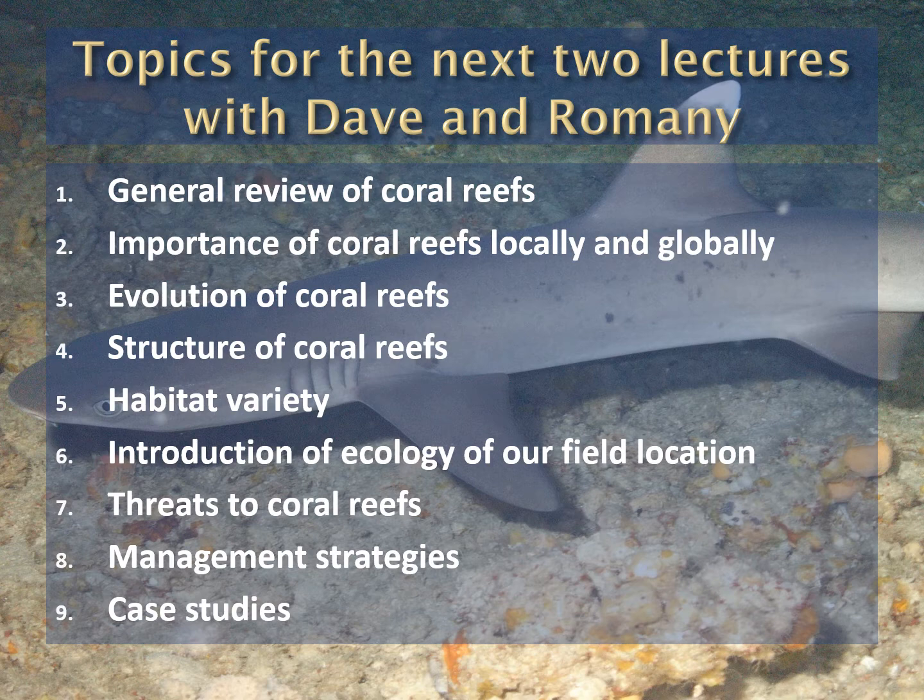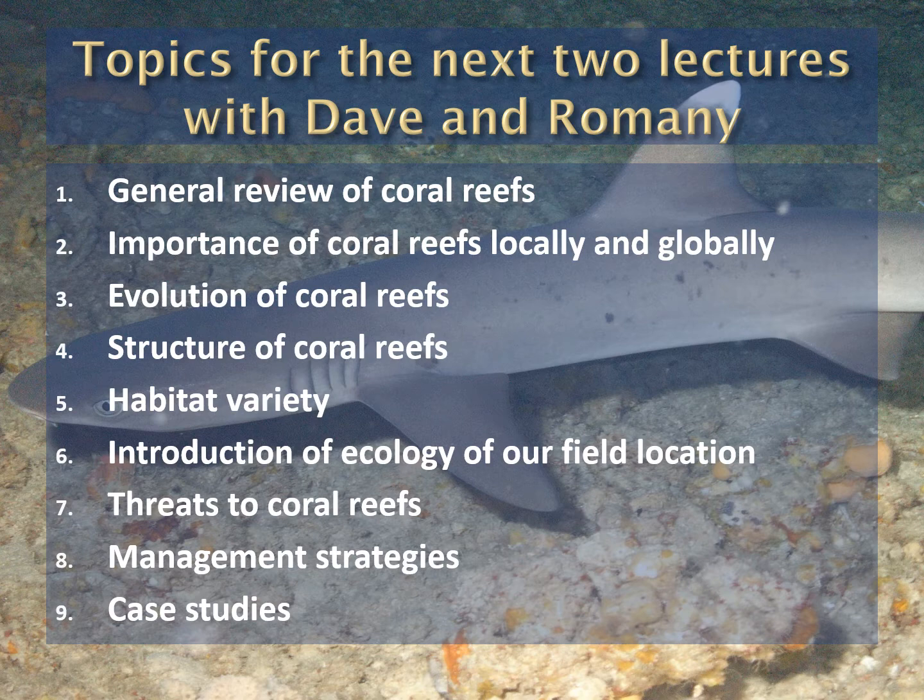We're going to talk a little bit about the evolution of coral reefs, how they form in the first place, and the structure of the coral reefs. And when I say structure, it's about atolls versus fringing reefs versus barrier reefs.